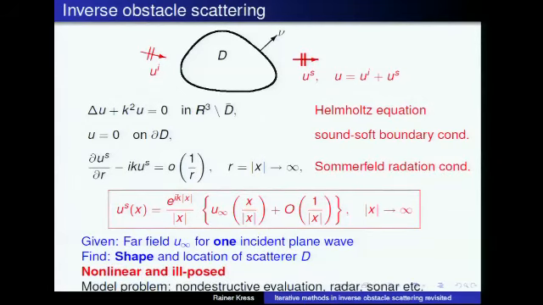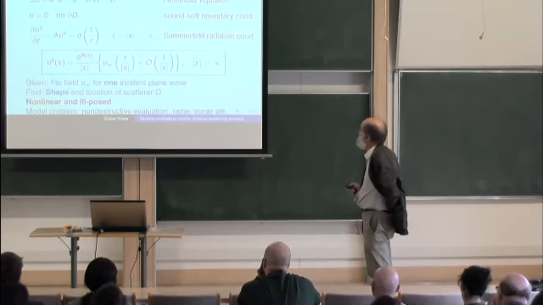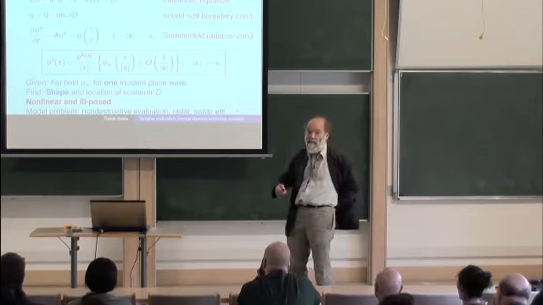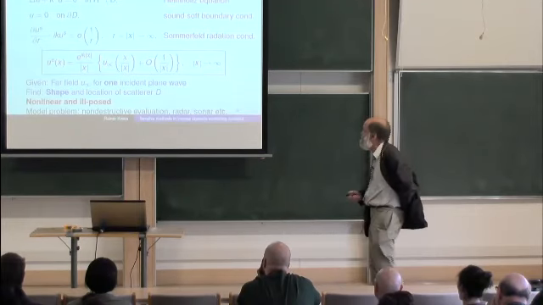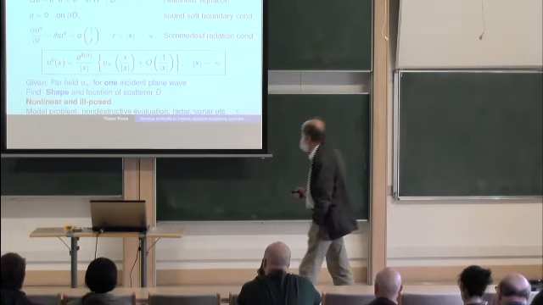And this is a nonlinear problem because the solution to this Dirichlet problem depends in a nonlinear way on the boundary, and it's ill-posed because, due to the regularity properties of elliptic equations, this is a very smooth function, so the forward map is a smoothing map, and smoothing maps in general are ill-posed.